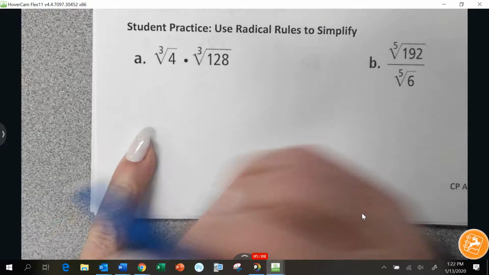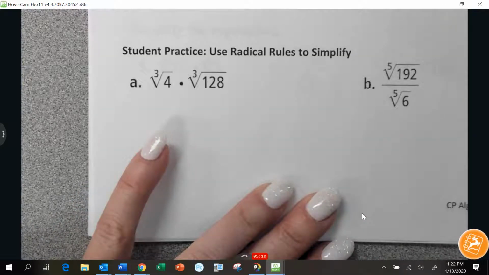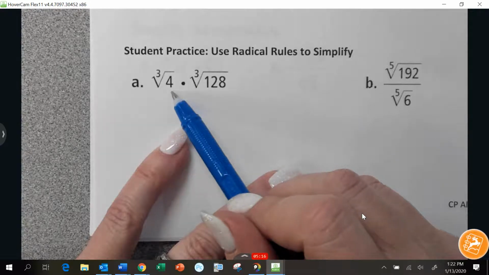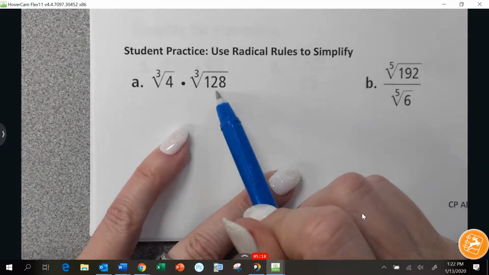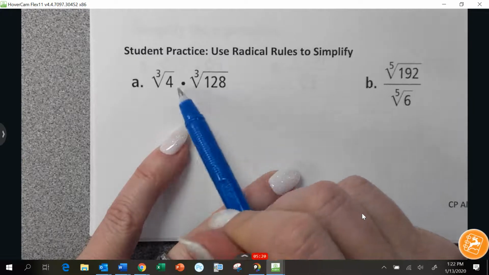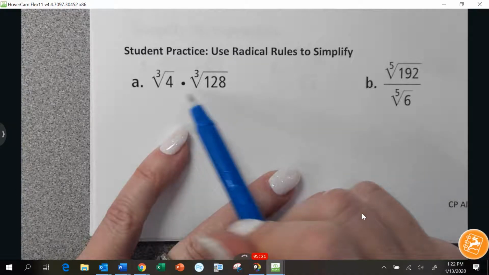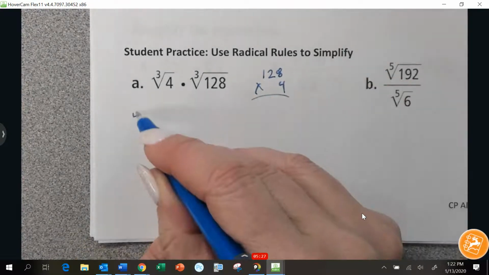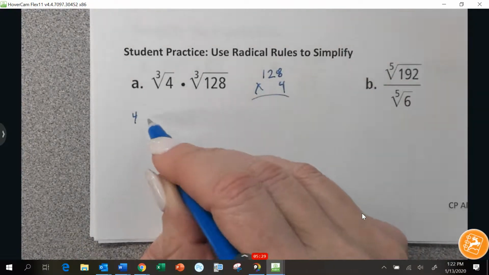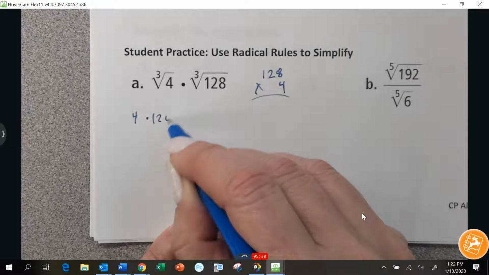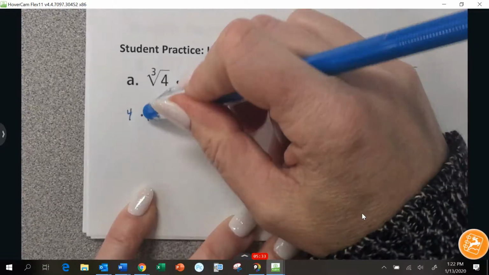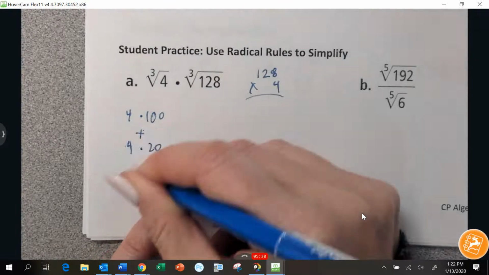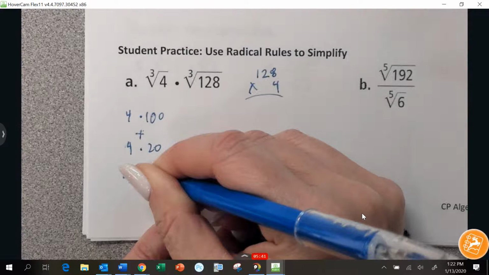Okay. Student practice. Cube root of 4? You know it? No. Okay. Cube root of 128? Okay, if you don't like multiplying 4 times 128 the traditional way, do like 4 times 120 plus 4 times 8.